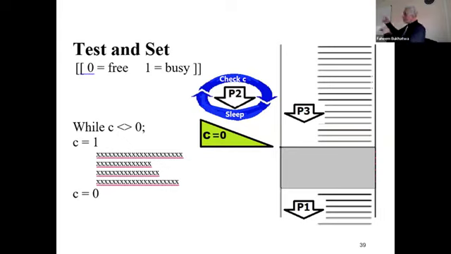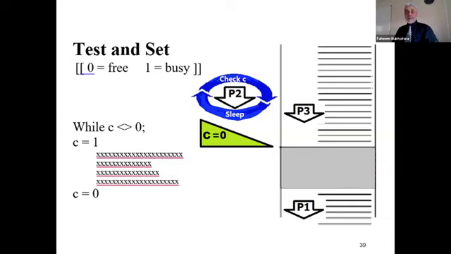When process 1 left, it turned the flag free, unlocked the door, and left. Process number 3 just arrived at the right time. Process 2 should go in, but process 2 is asleep right now. For a very brief period of time, it goes to sleep. That's unlucky for process 2, because process 3 arrived at the time when process 2 was asleep and process 1 had just left. The light is green.